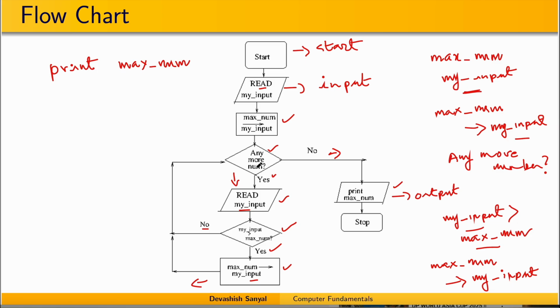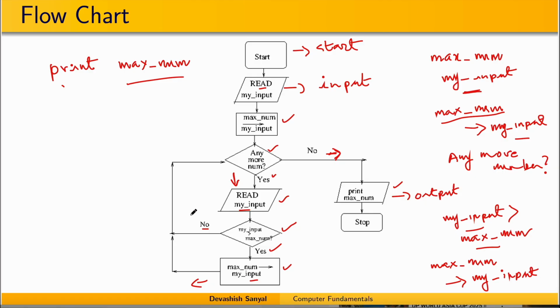If there is, we again go along this path. If there is no other number, we go along this path and print whatever is written in the memory max num. Clear? So the final result will be print max num.